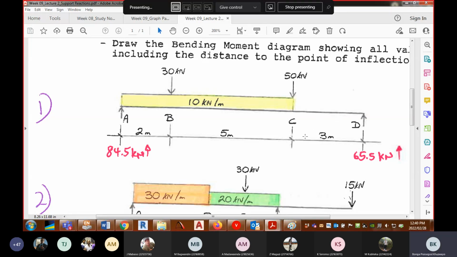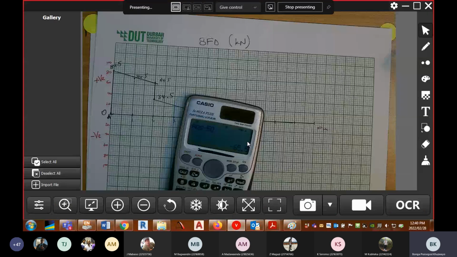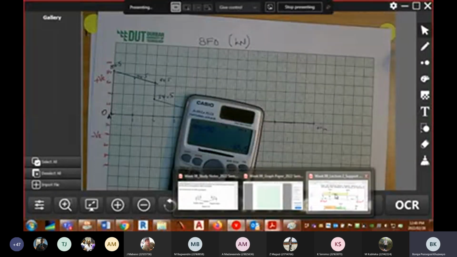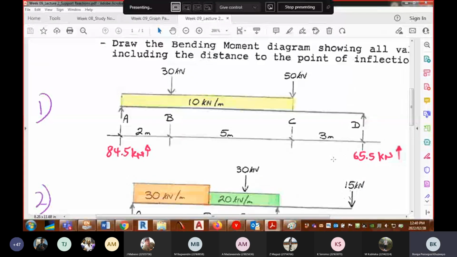Hence your shear will be constant. It stays constant, right? And then you have 65.5. Let me just show you on my screen here, which is exactly your support reaction, which we calculated there. So you're sitting at minus 65.5.